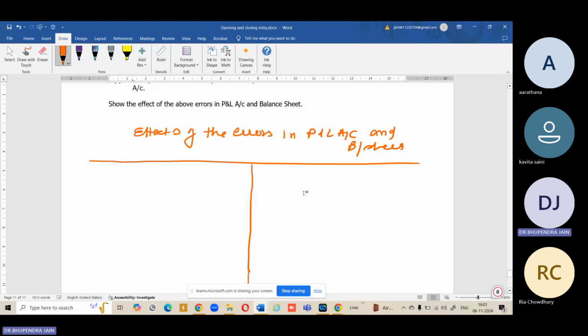Let's write down the statements one by one, and give the answer of effects either in balance sheet, or in balance sheet and profit and loss account also.